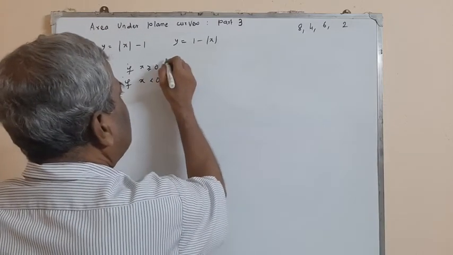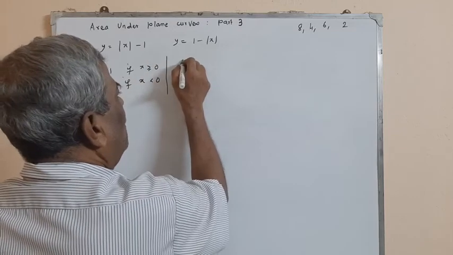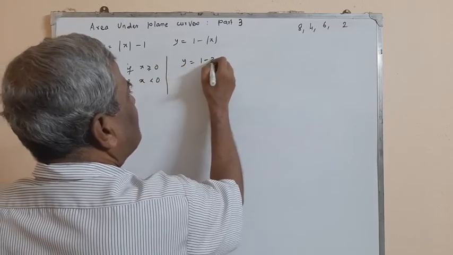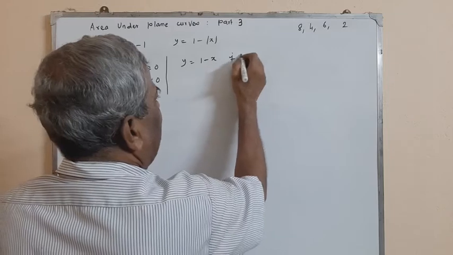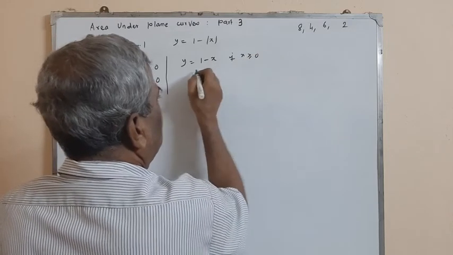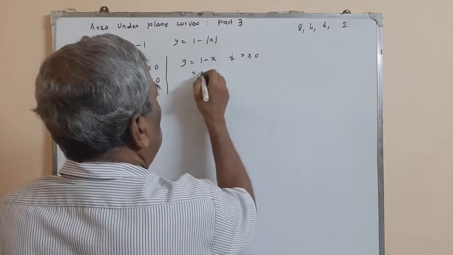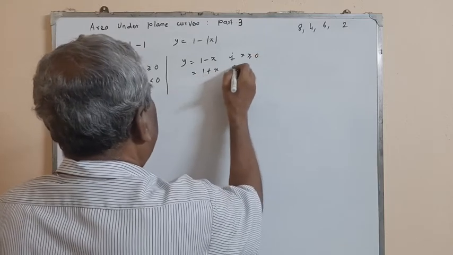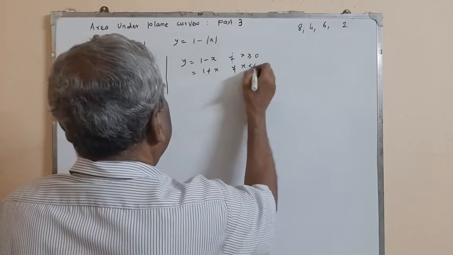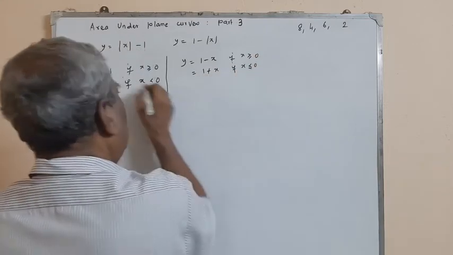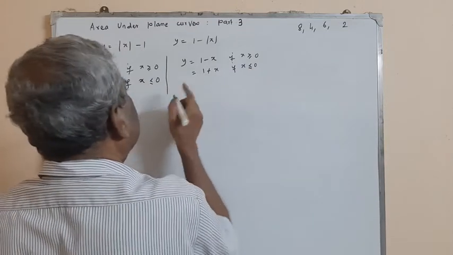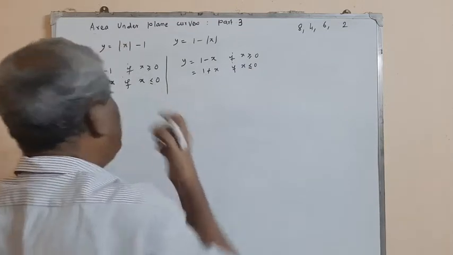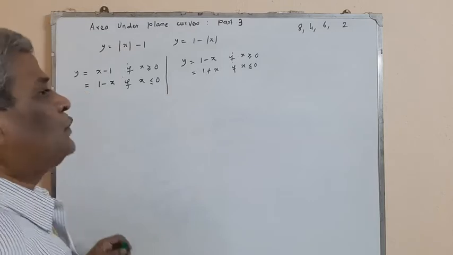Similarly, for the second, y is equal to 1 minus x if x is greater than or equal to 0, and it is equal to 1 plus x if x is less than 0.